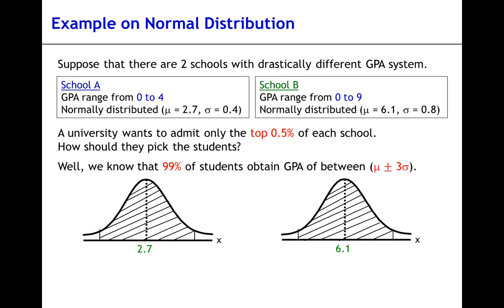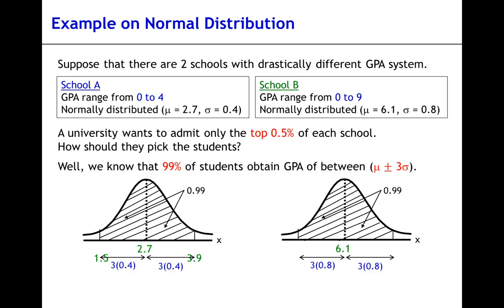Using the known properties of the normal curve, we know that 99% of students obtain a GPA that is within 3 standard deviations from the mean. So for school A, 99% of students have a GPA that lies between 1.5 and 3.9. For school B, 99% of students have a GPA that lies between 3.7 and 8.5. Now, 99% of the area under the curve has been shaded.